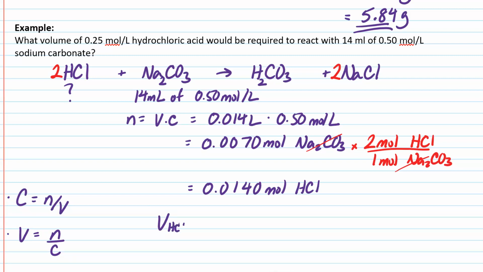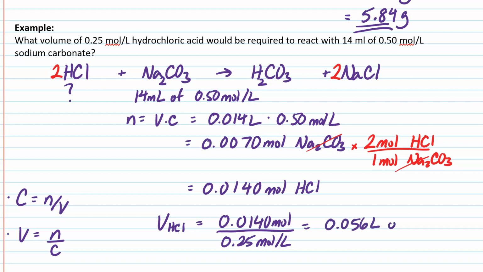The volume of hydrochloric acid we need is its number of moles, well, we just calculated 0.0140 moles, divided by the concentration, which we're told was 0.25 moles per liter. And you can see as a result, we'll get liters. We end up with 0.056 liters, which you can write, if you wish, as 56 milliliters.